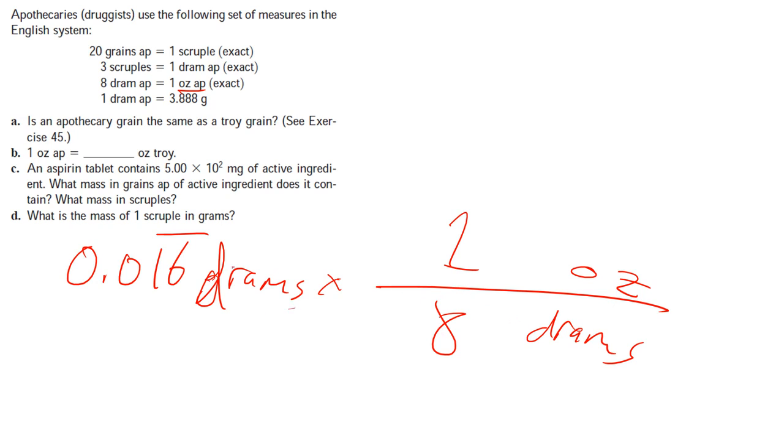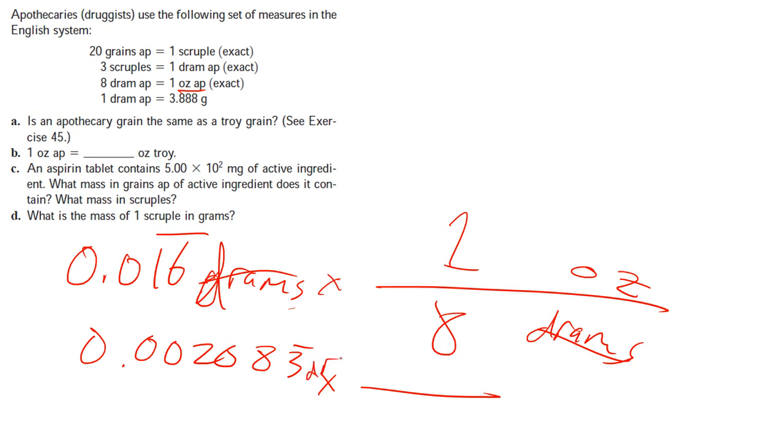I put grams on the bottom because I wanted the grams to cancel. So 0.06 divided by 8 gives us 0.002083 repeating, in ounces, because the grams have canceled.